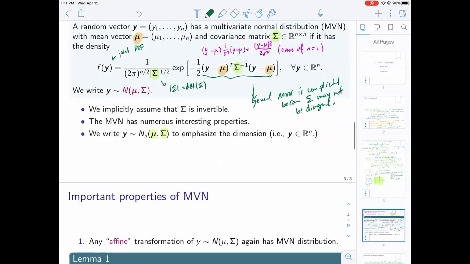So this is another fact: for any invertible covariance matrix sigma, and any vector mu, the MVN is well defined.